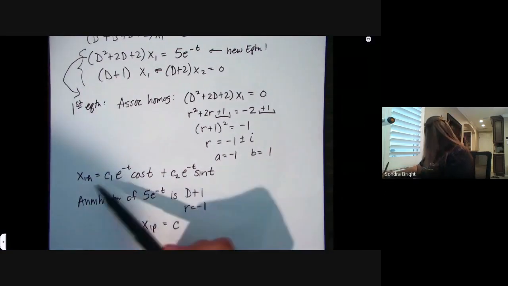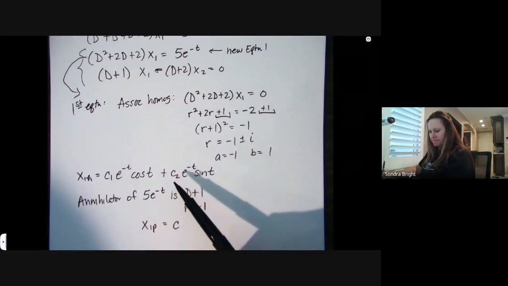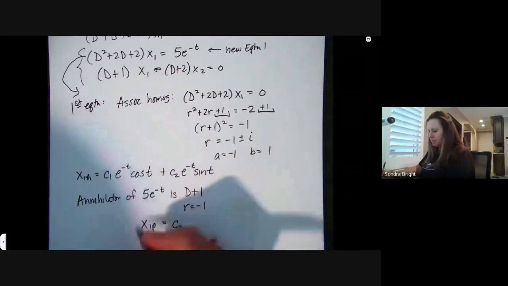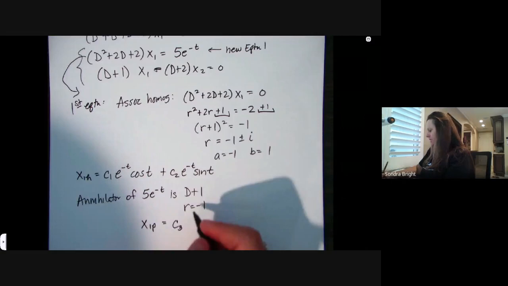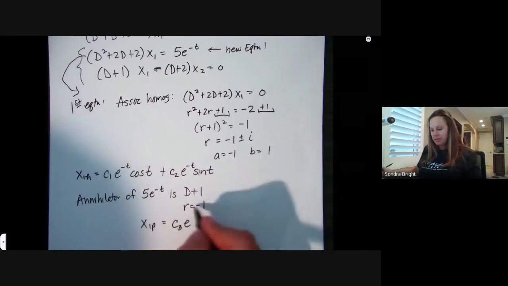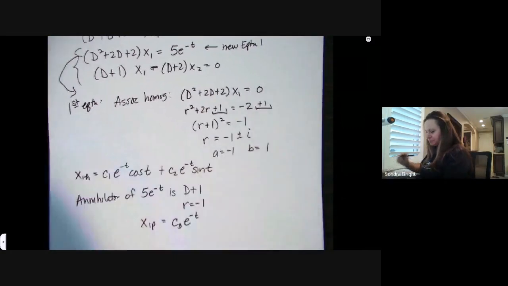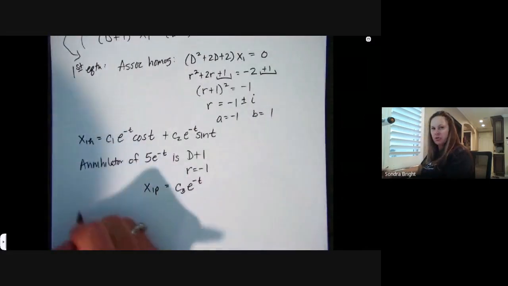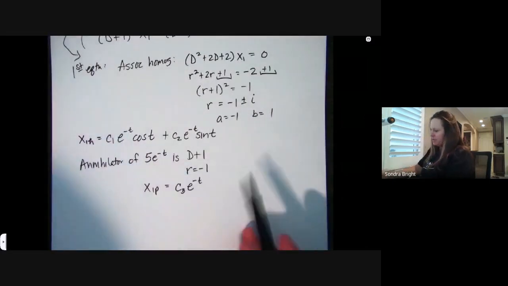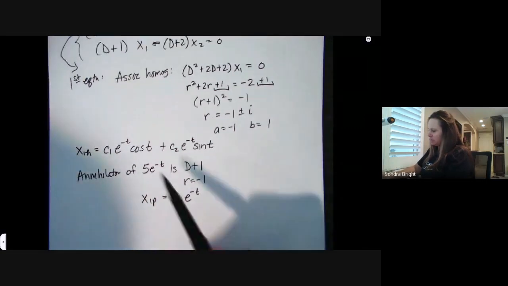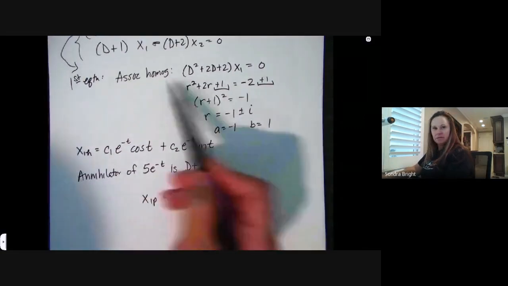Use a different one, c3 e to the rt, so negative t. So there's your particular. And so we're going to be plugging it into this equation. No, sorry, this equation up here. Nope, it's not on the screen.